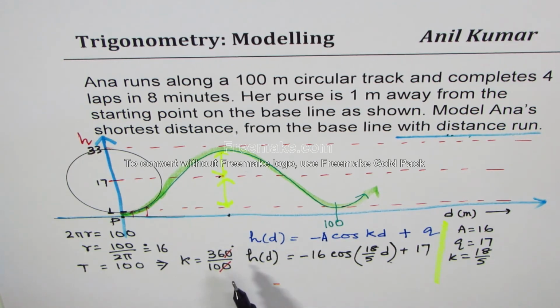Now the question could be, find the height of the nail with respect to distance covered, or with respect to time. What will be the height of the nail after an hour, or what will be the height of the nail after the car runs 5 kilometers? That makes a huge difference. I hope that concept is clear.